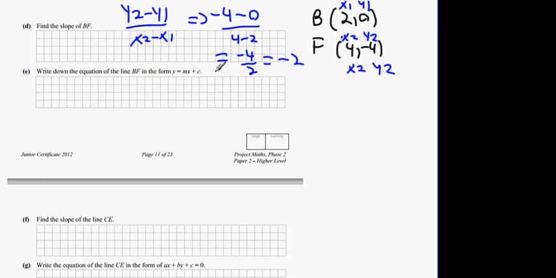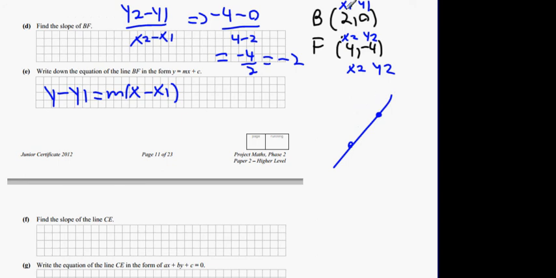Okay. Write down the equation of the line BF in the form y equals mx plus c. You know there's two ways, okay? The first way is to use the formula y minus y1 equals m into x minus x1. When you get an equation of a line, it doesn't matter which point you use, once you use one of them only.